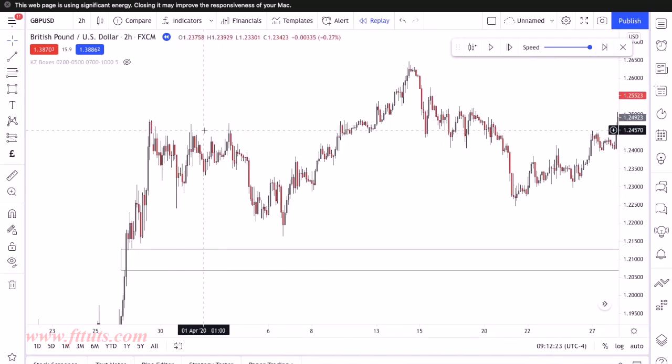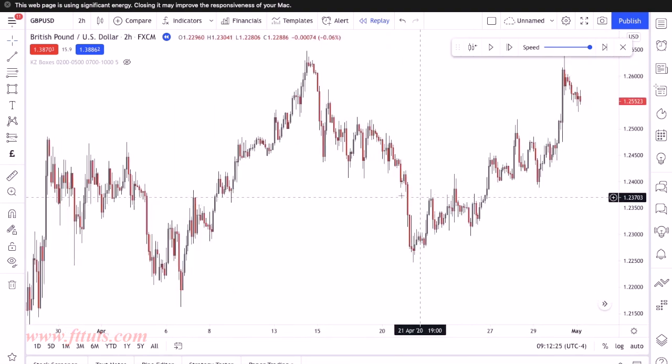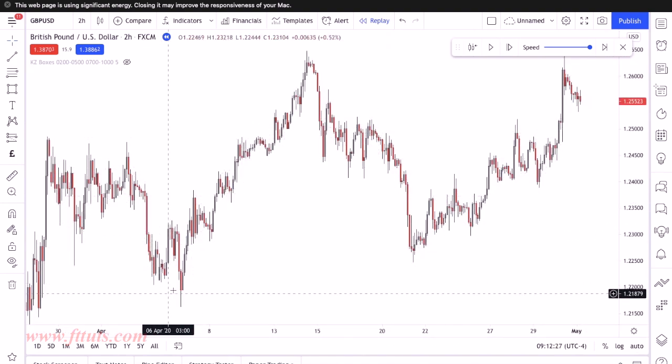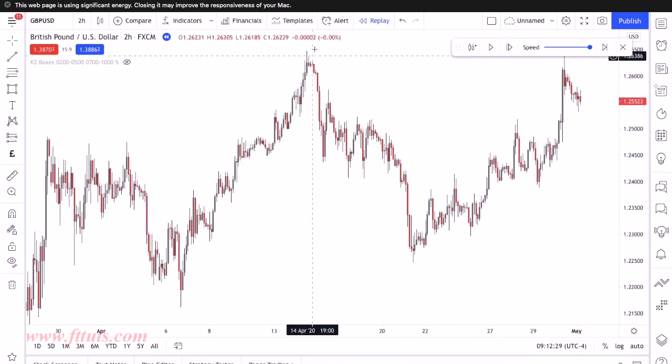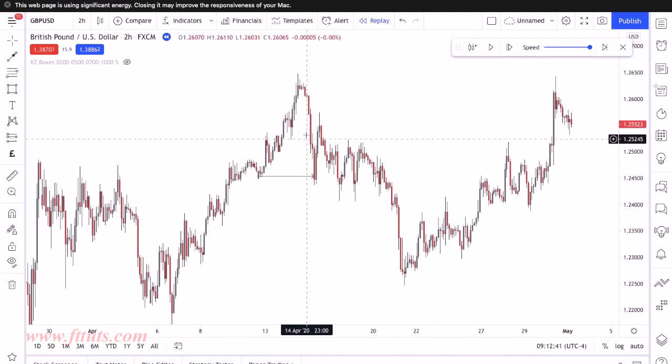Now, what can we identify at this point over here? So price is creating higher highs, right, and higher lows. Now, what can we identify happened right over here? Price broke structure, right? That was that last low, correct? Price broke that structure. And what do we have here? All of that imbalance, right?